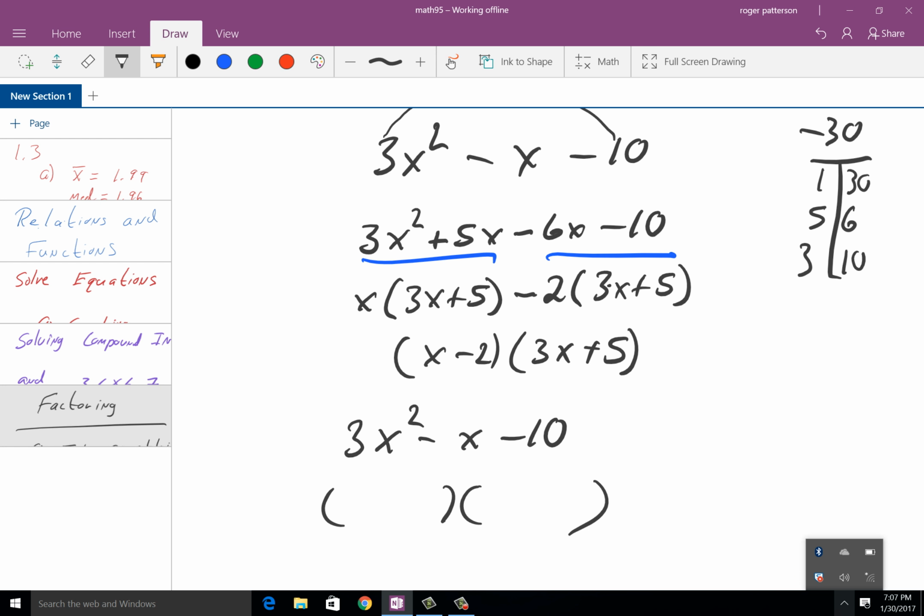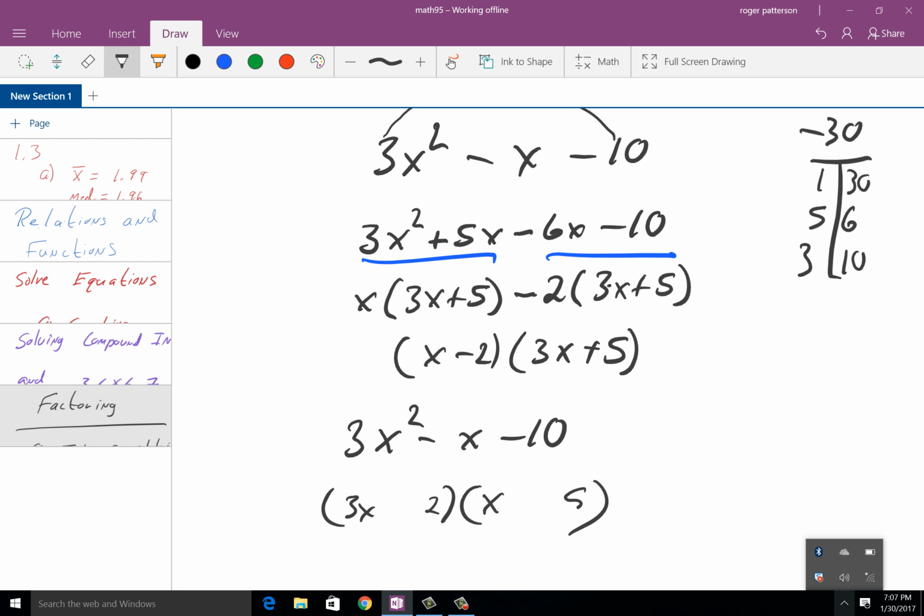So in this method, I'm looking to see, well, I know these two have to multiply to 3, so what kind of factors could that be? 3 and 1, right? So now I just have to get my factors of 10. So I either have 1 and 10 or 2 and 5. 10's pretty big, and I need a 1, so I don't think that's going to work. So let's try 2 and 5.